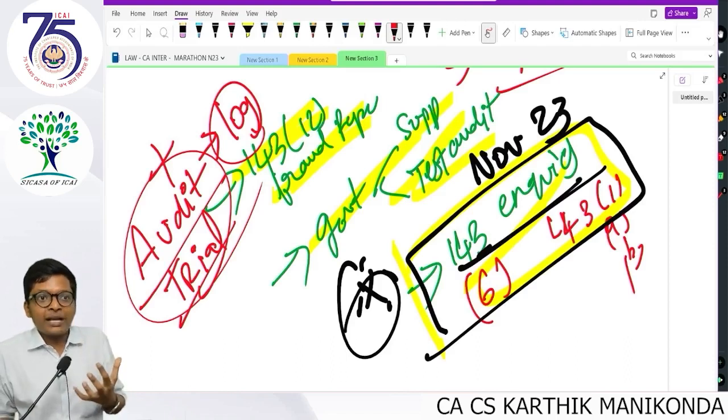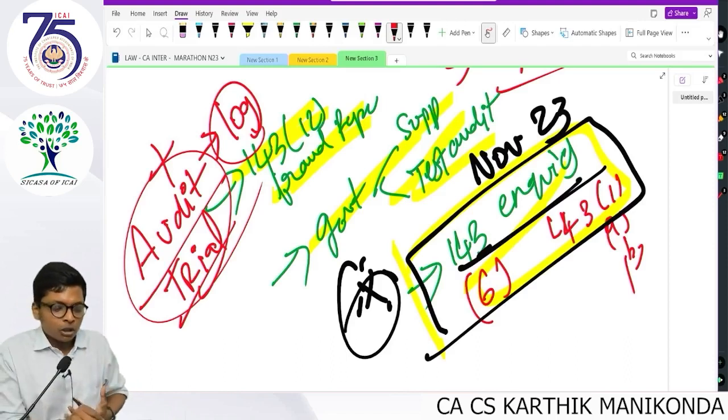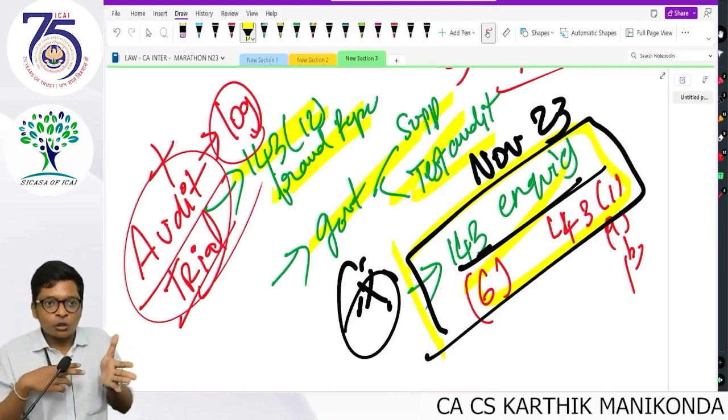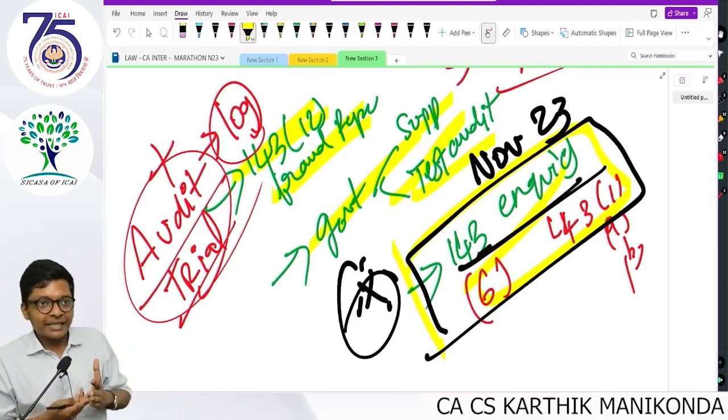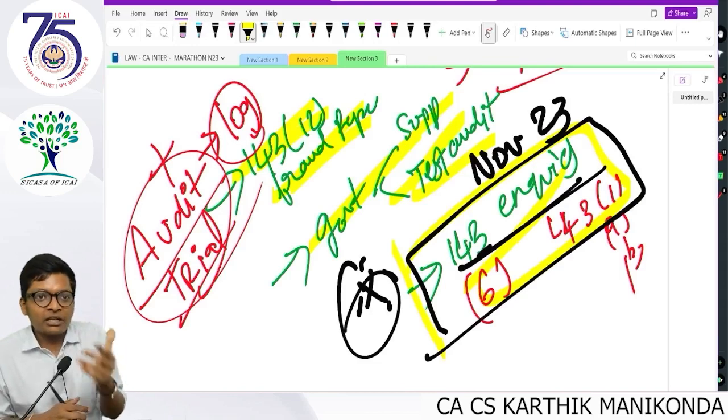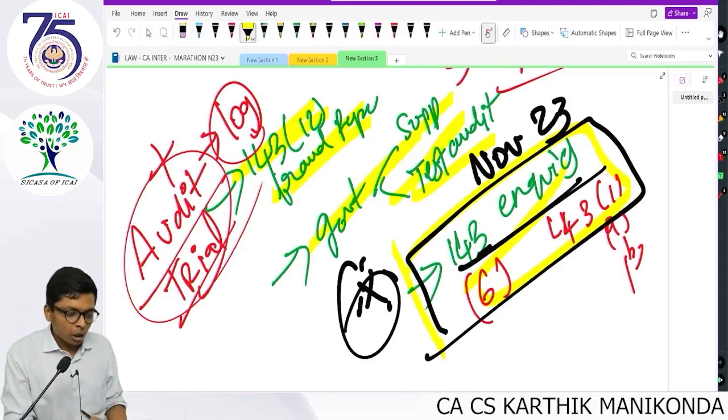The software should be able to tell who deleted, what is the trail of the transaction, who passed the entry, who made changes, who changed narration, what was the entry before, what was the entry after. Are you following, guys? Audit trail log in section 143.